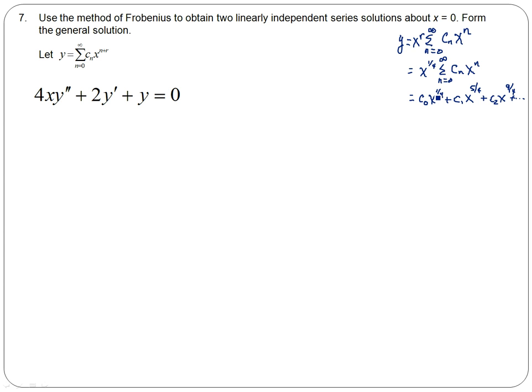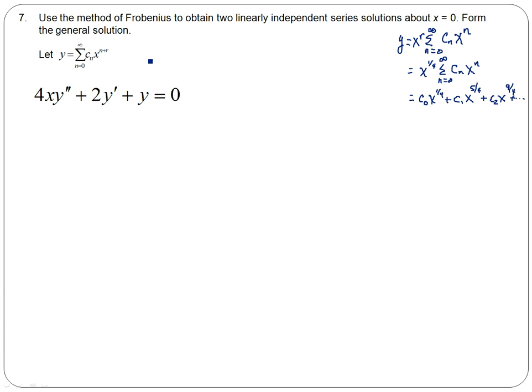Notice this is just x to the 0, and then you multiply by an extra x to the 1/4. And this is x to the first plus 1/4 power to give you 5/4. Otherwise we work this pretty much the same way that we did before, but we need to take into account the values that r can be. We can find those values for r by substituting into this differential equation and then solving for r.